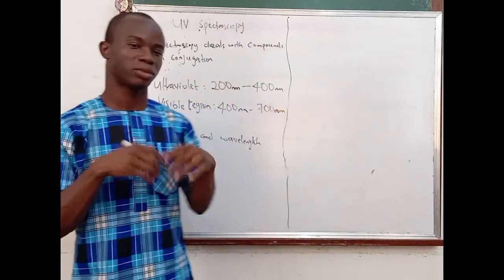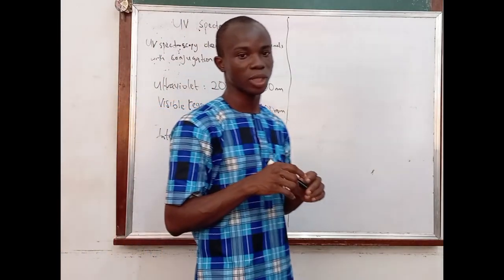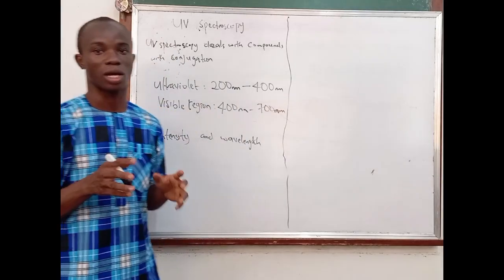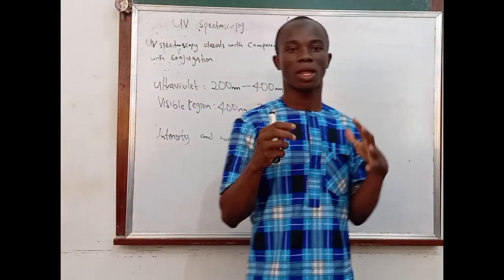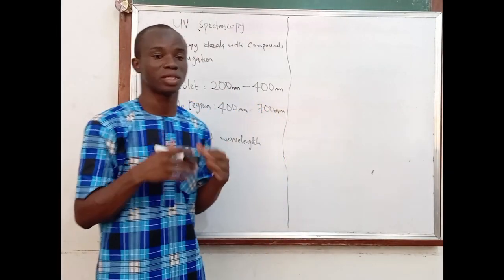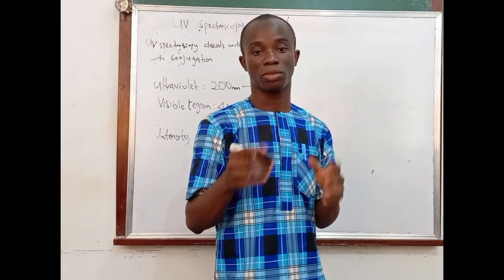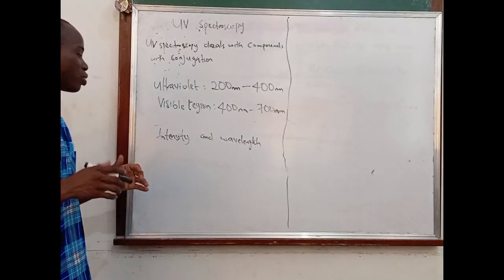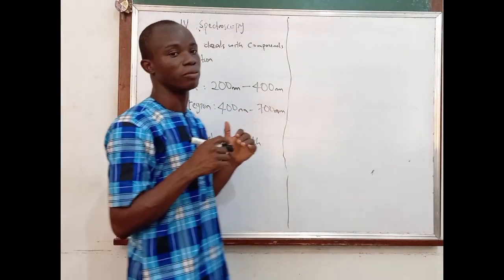And when it is more than, let's say, 10,000, then it is symmetry allowed. And when it is in between 1,000 and 10,000, we can say that it is partially symmetry allowed.